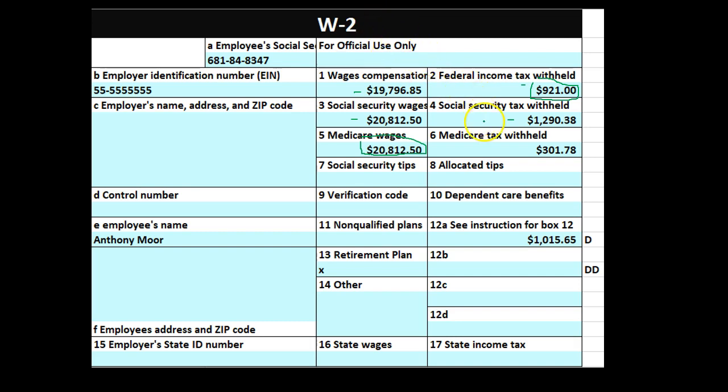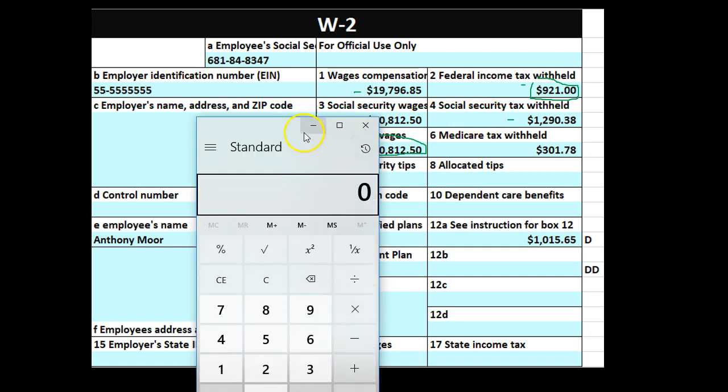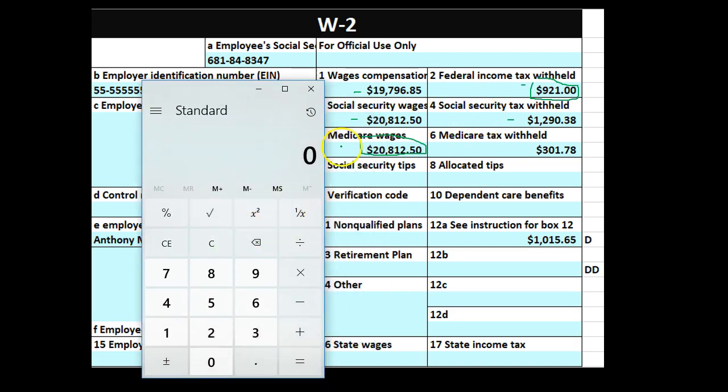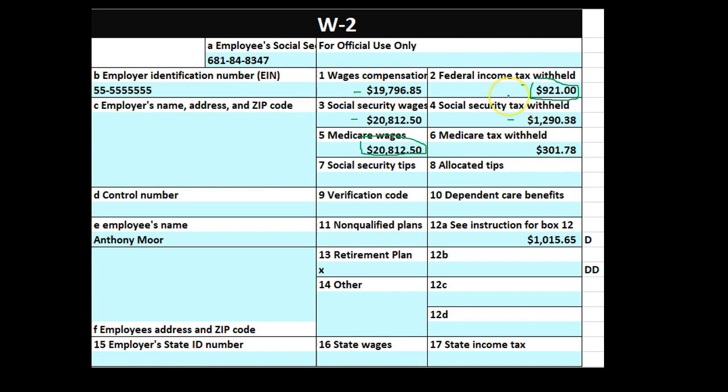This one, however, should be a flat tax. So we can actually see that the 20,812.5 times 0.062 is this 1,290. And we can see that this 20,000 for Medicare times 0.0145 should be the 103.78. So these two we can actually recalculate. This one we cannot. And so that's going to be the first employee.